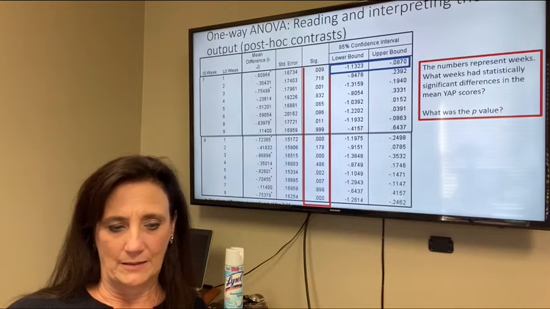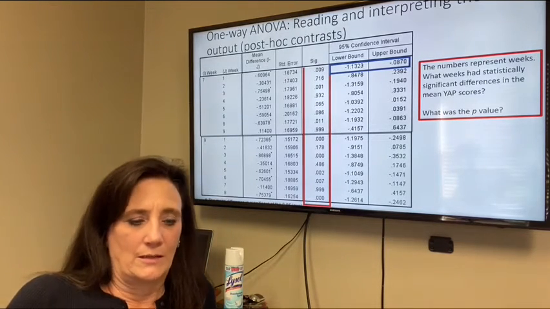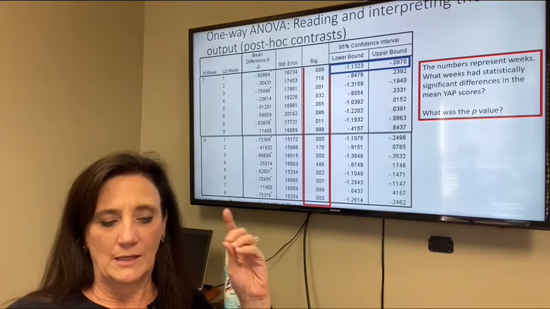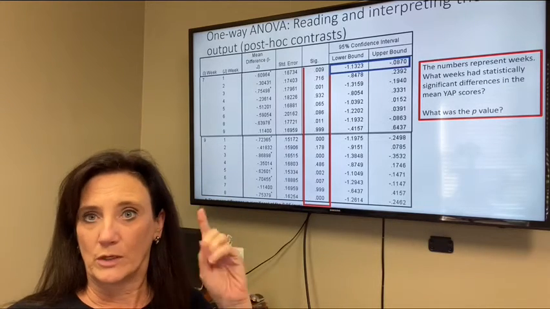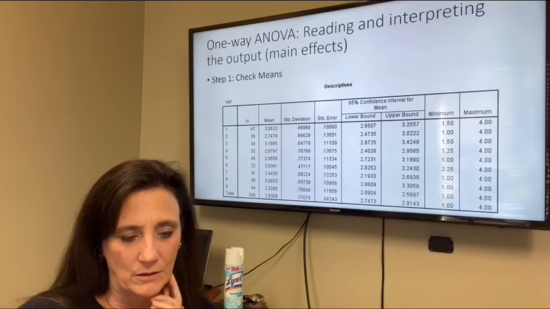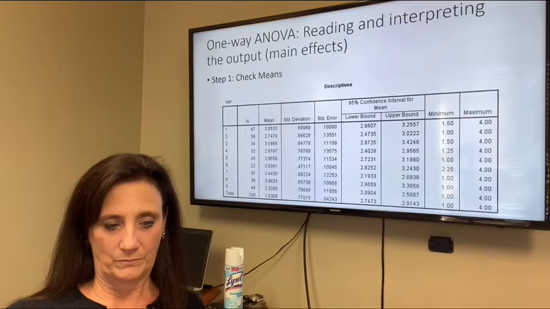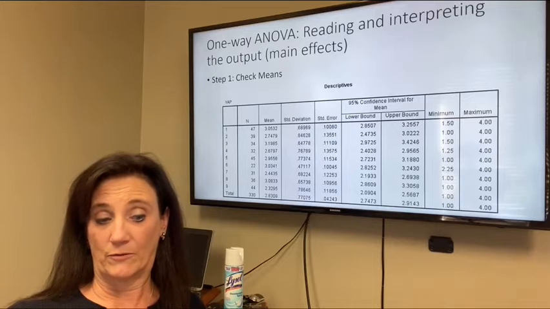And you may be saying, well, what direction is this? I mean, is week 9 less than or more than each of those weeks? Let's just remember that 9 is significantly different from weeks 1 and 3, okay? And let's roll right back up here to these means. What was the mean for week 9? 2.33. What was the mean for week 1? 3.05.